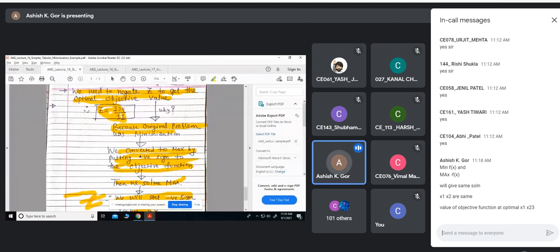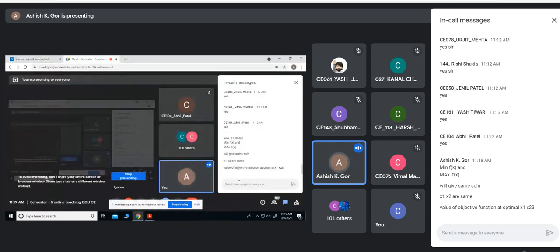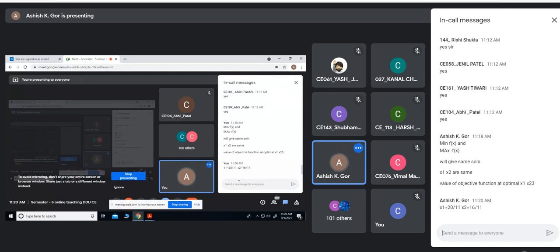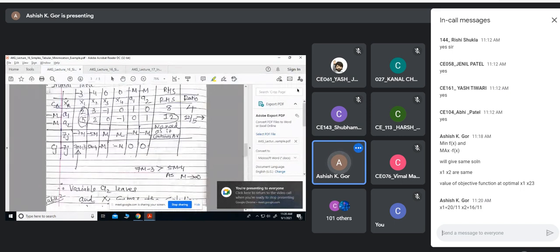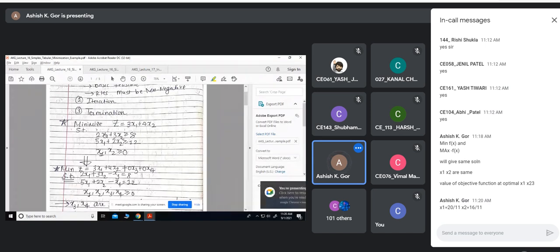Okay, let us see there also. Remember x1 is 20 by 11, x2 is 16 by 11. That is the solution I am getting. Let us put it in the original problem. If you put x1 equal to 20 by 11, it will be 2 into 20 by 11, so 40 by 11.